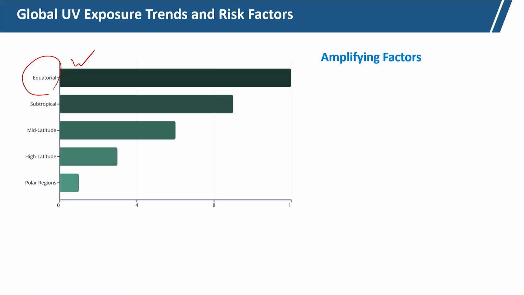In the equatorial area it is very high, in the subtropical area it is a little bit lower, in mid latitude it is further lower, then the high latitude, and in the polar region there is the least exposure. So, that way we can see the effect of UV exposure, and accordingly we can design our clothing or protection. We can protect ourselves if we know the global UV exposure.